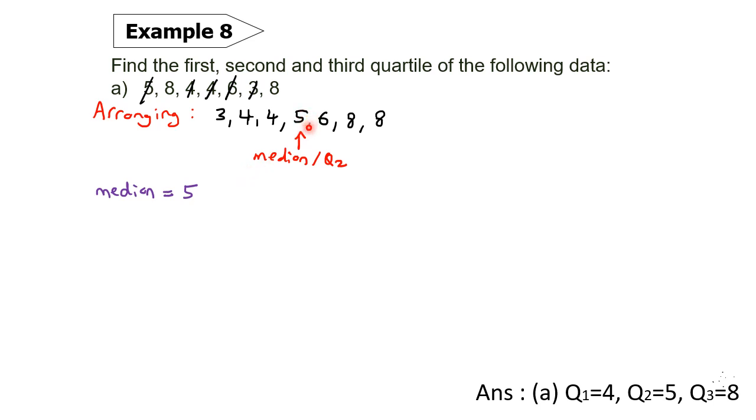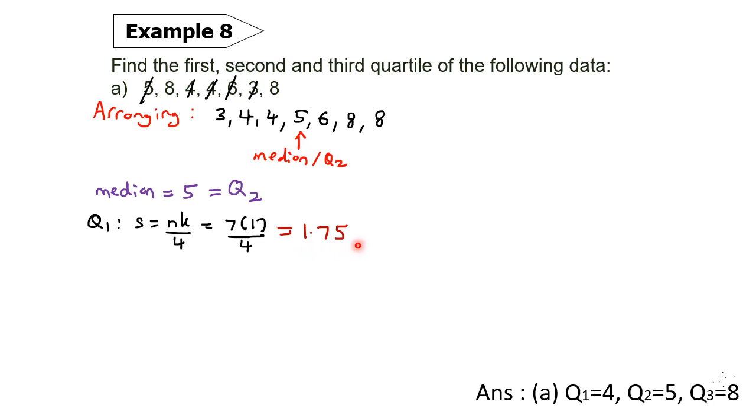Then for the first and third quartile, we cannot use the same concept as the median, right? You have to use the formula nk over 4 first to find s. So n is 7, the number of data is 7. And then k would be for the first quartile, so k is 1 over 4. So we find that the value of s is 1.75.